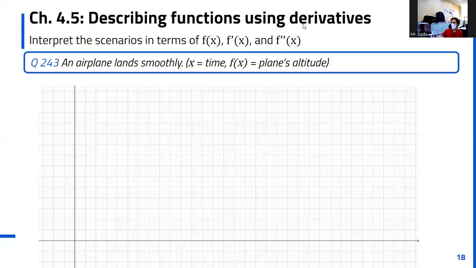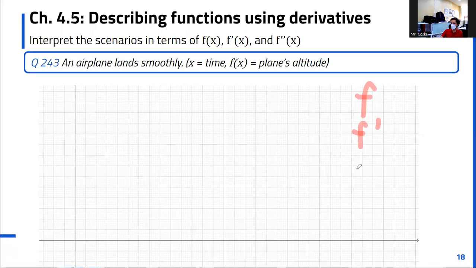So next one here, we have an airplane landing smoothly. So original function, first derivative, second derivative. Airplane lands smoothly, and our f of x is the plane's altitude, so the height of the plane.